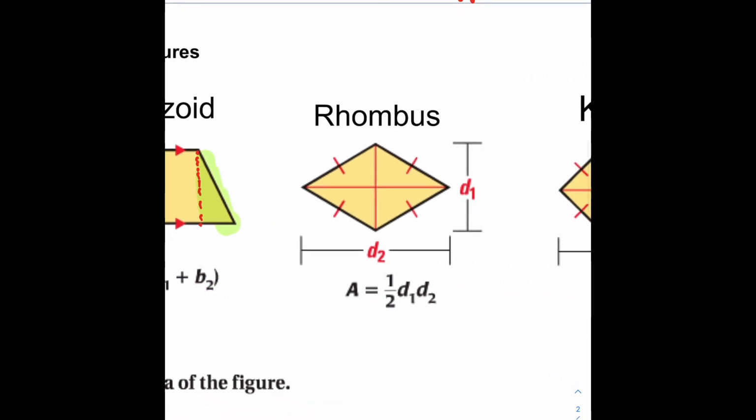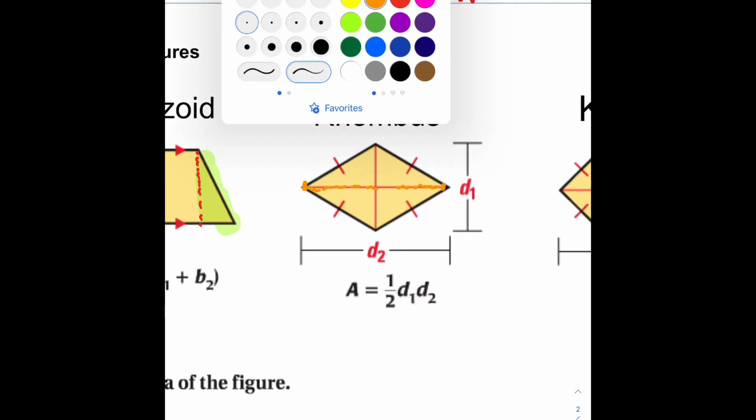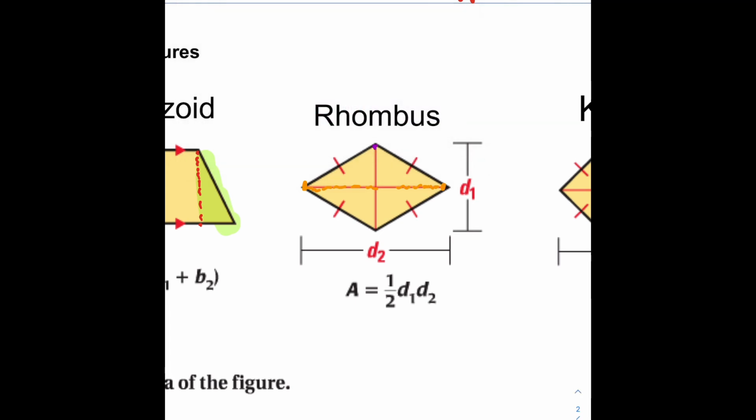A rhombus uses the diagonals. So again, in order to calculate a rhombus, you need to know what this line is right here, from one vertex to the other, and you need to know what this line is here. So if this was called D2, this one could be called D1.